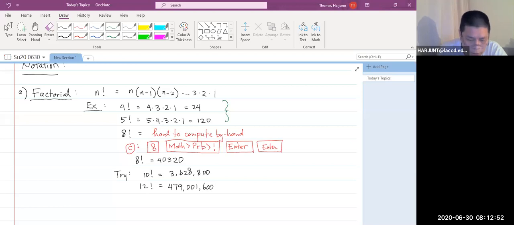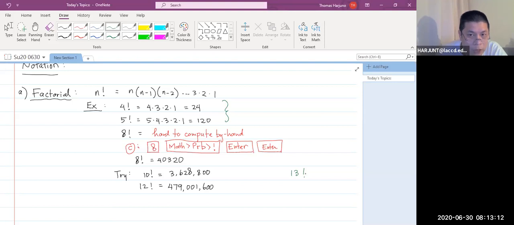During the quiz they asked me a very silly question: Thomas, how to use the calculator? Like when I asked them what is 13 factorial, for example. They asked me, Thomas, can you tell me how to use the calculator?